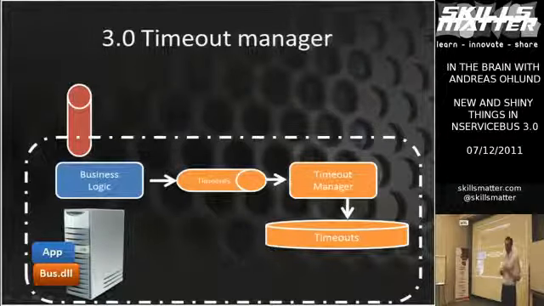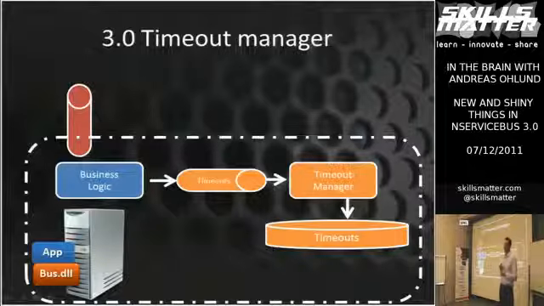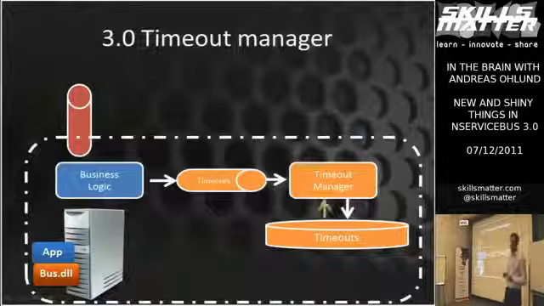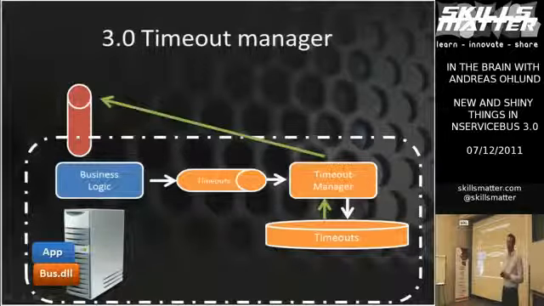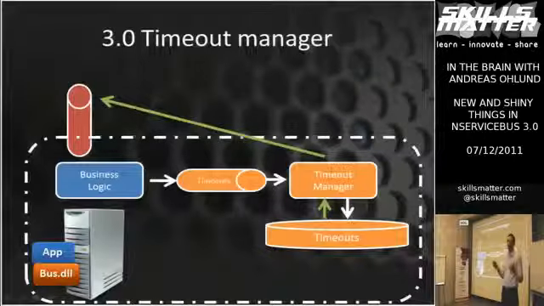And when the time is up, let's say you set a timeout for 30 days, because after 30 days, you would re-evaluate if this customer is still a gold customer. When the time is up, the timeout manager figures it out and it sends a message back to your main input queue, effectively.